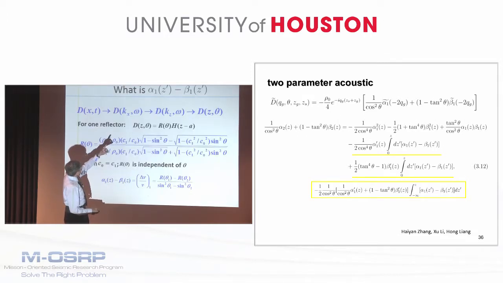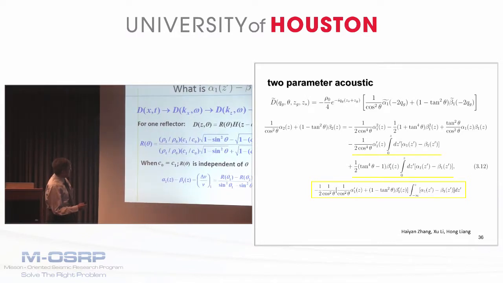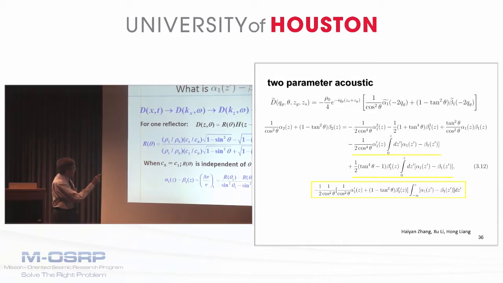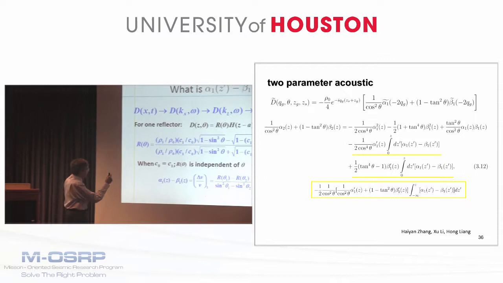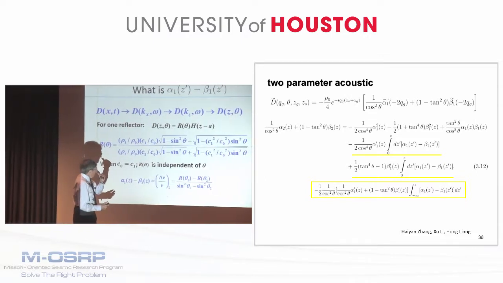Let's take a look at alpha 1 minus beta 1: the linear approximation to the change of bulk modulus, minus the relative change, the linear approximation to the relative change in density, is the linear approximation to the change in velocity.